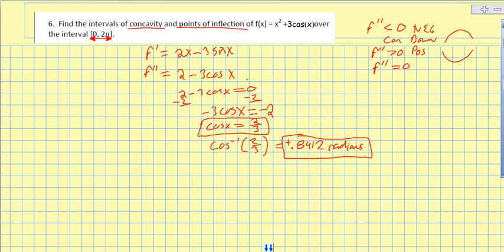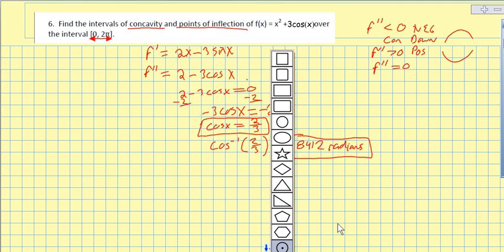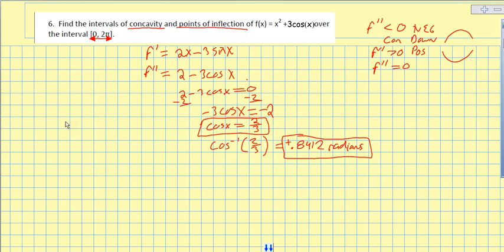Let's draw a unit circle over here, and let's draw some axes. And what do we know?